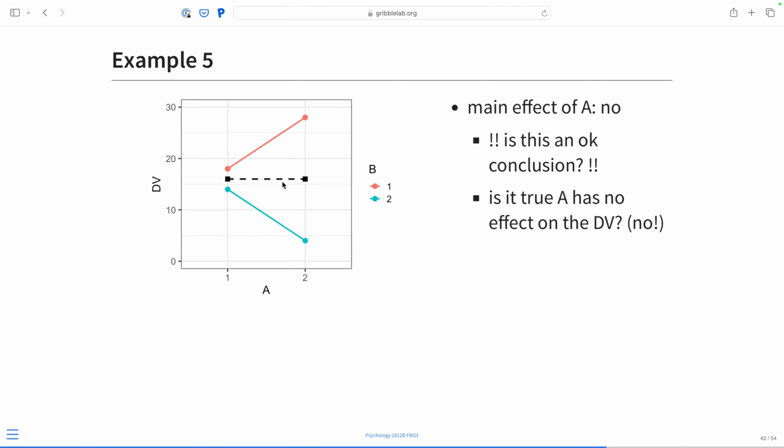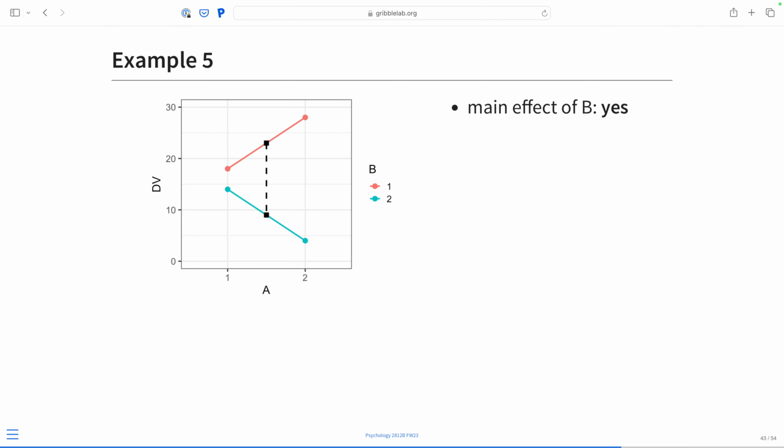It appears when you average across, let's say, males and females, if B1 is males and B2 is females, if you average across sex, it looks like this drug has no effect on whatever this dependent variable is. Whereas when you look at all the data, of course it does. In males, it increases the dependent variable, and in females, it decreases the dependent variable. So it certainly does have an effect. It just doesn't have a main effect.